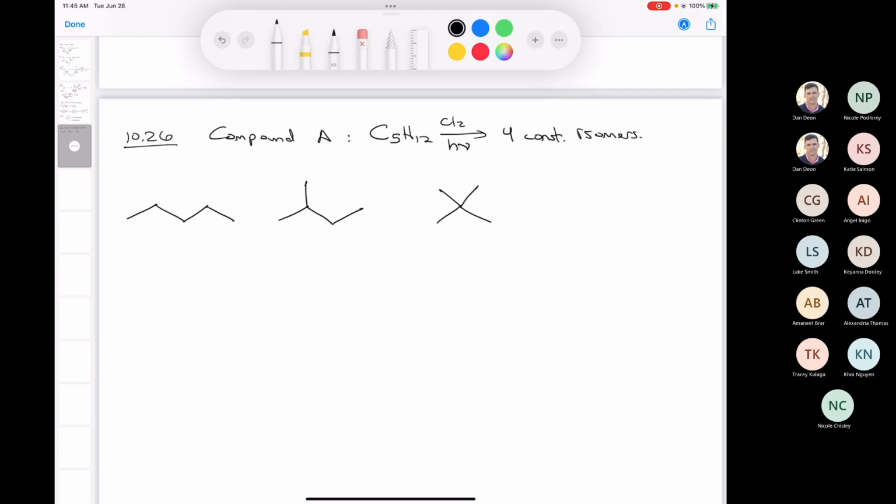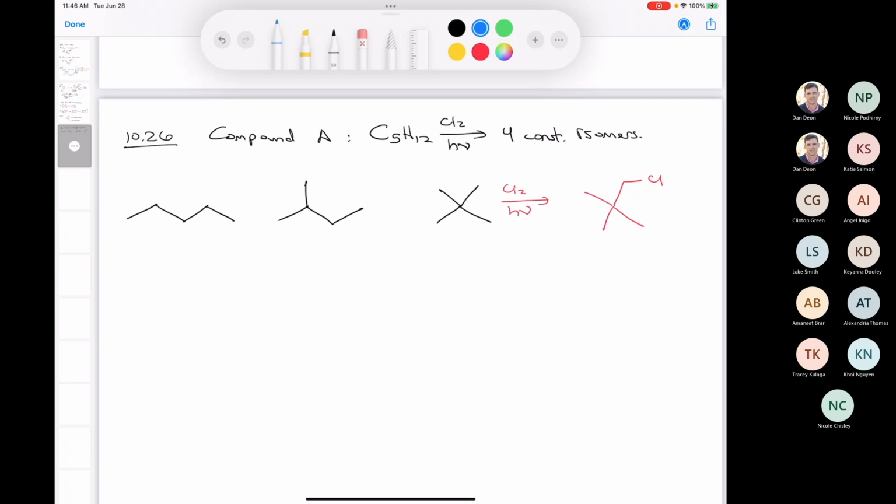So which one of these, when it gets chlorinated, is going to form a total of 4 constitutional isomers? If we look at the last one, this one here, if it was to undergo chlorination, it can only form one possible product. The only thing it could form is this. So just one constitutional isomer and nothing else.